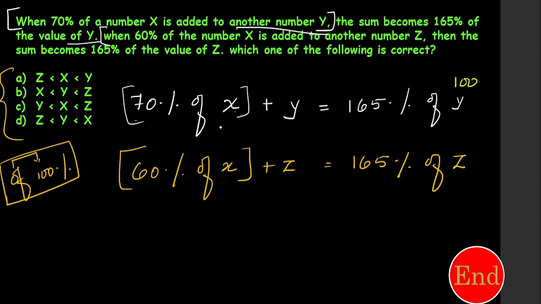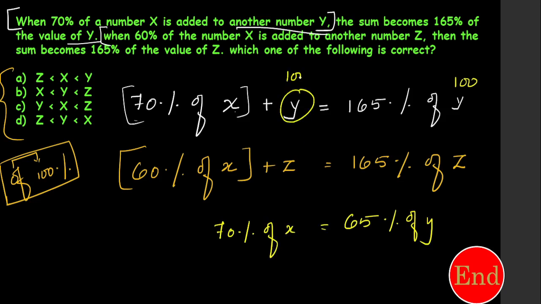If this y is 100, then 165% is equal to 70% of x. Can I take it like this? This is only 65% of y, that is equal to 70% of x. If y is 100, 165 means y is 100 plus 65.